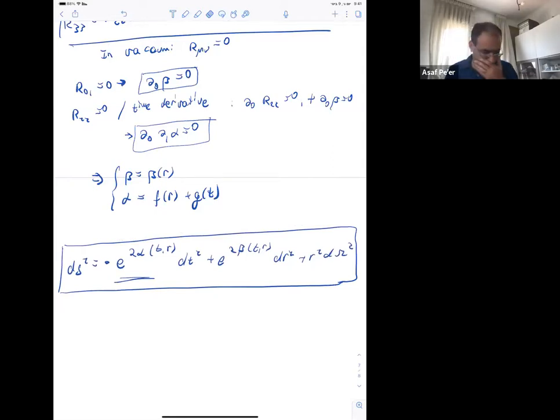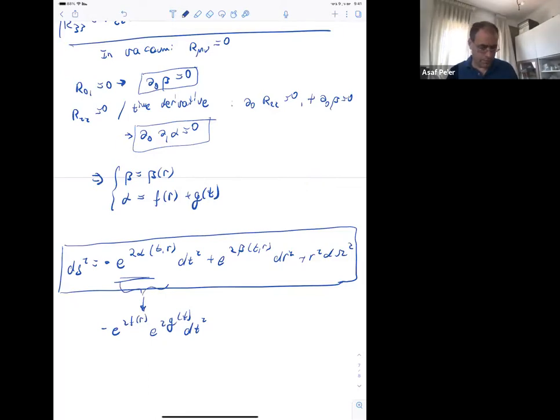So the first term here, we have a minus e to the power 2f of r, e to the power 2g of t, dt squared.